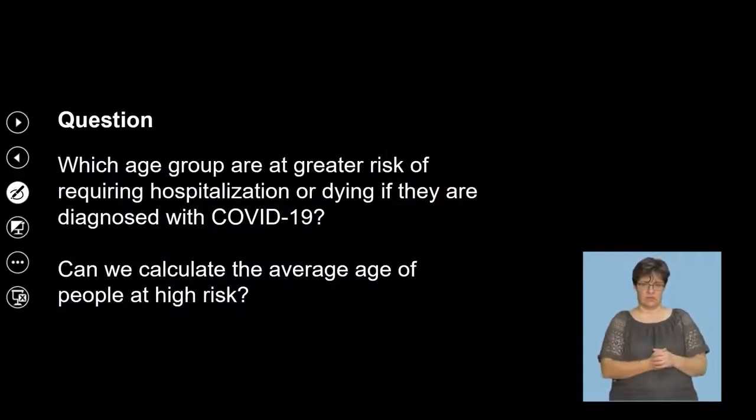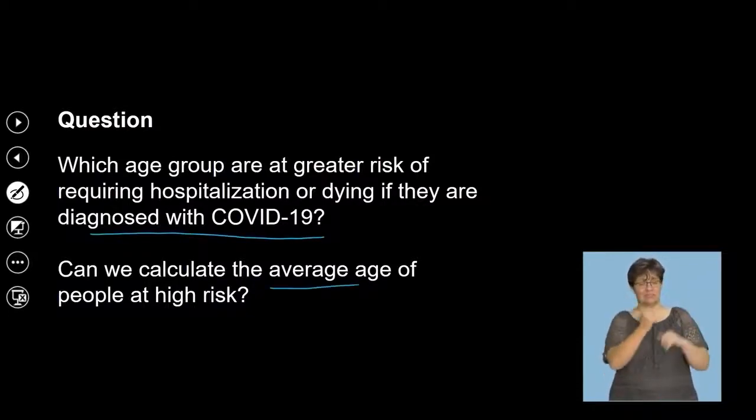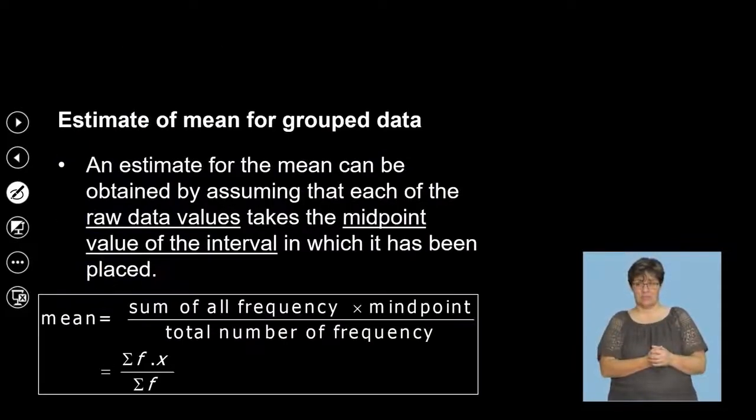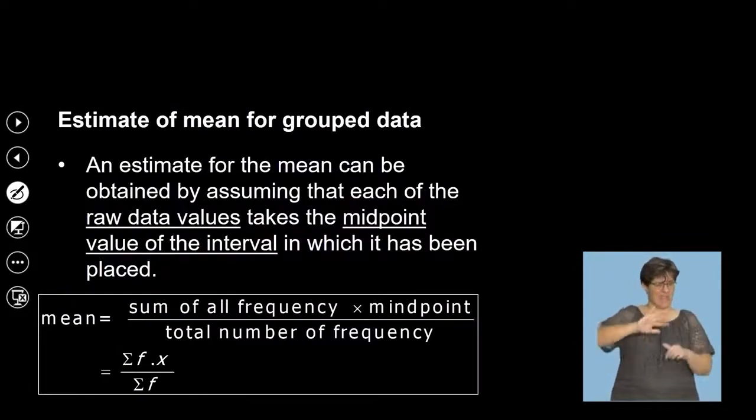So, which age group are at greater risk of requiring hospitalization or dying if they are diagnosed with COVID-19? We can calculate the average age of people at risk. Let's see. How are we going to estimate the average?